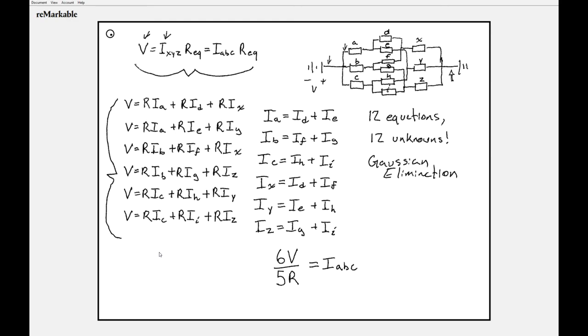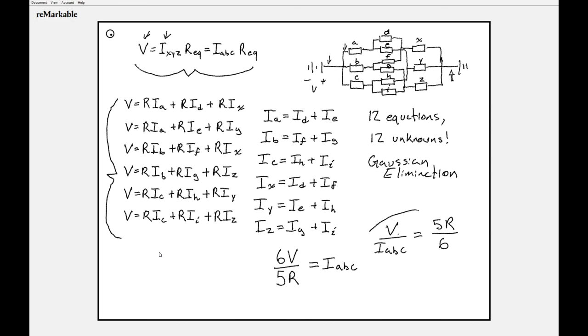So now a little bit of algebra to solve for the equivalent resistance will give us V over I ABC equals 5R over 6.